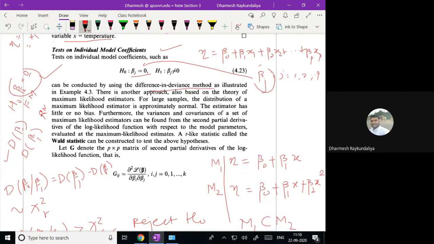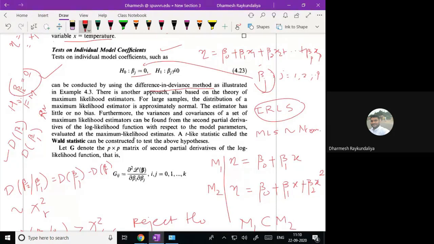There is another approach, also based on the theory of the maximum likelihood estimator, because we know that whatever estimates we have obtained are maximum likelihood estimators. Why? Because we applied the IRLS method to obtain the estimates of the parameters. And we know that the maximum likelihood estimators, MLEs, are asymptotically normal.